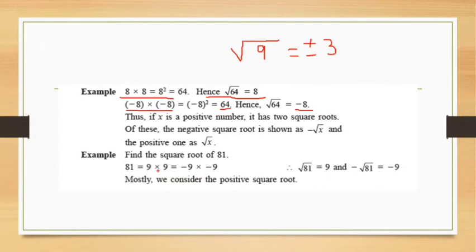Square of minus 9 is also 81. So the square root of 81 is plus or minus 9. Clear? The square root of 81 will be plus 9 and also minus 9. Clear?